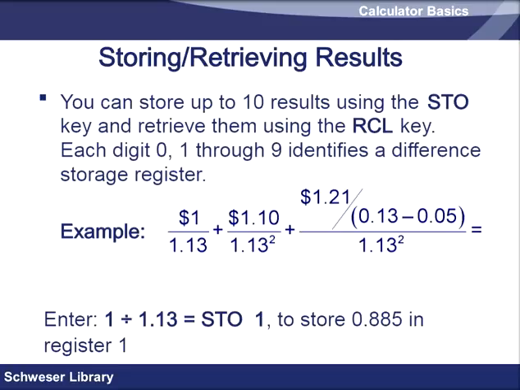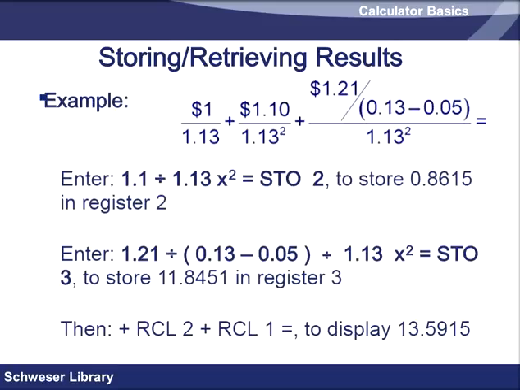That stores it in register 1. The next piece is 1.1 divided by 1.13 squared. We use that squared function right in line, hit equal, and then store that answer of 0.8615 in the second register.